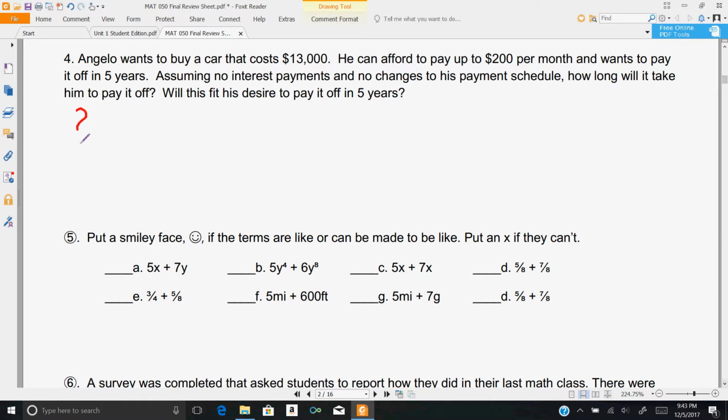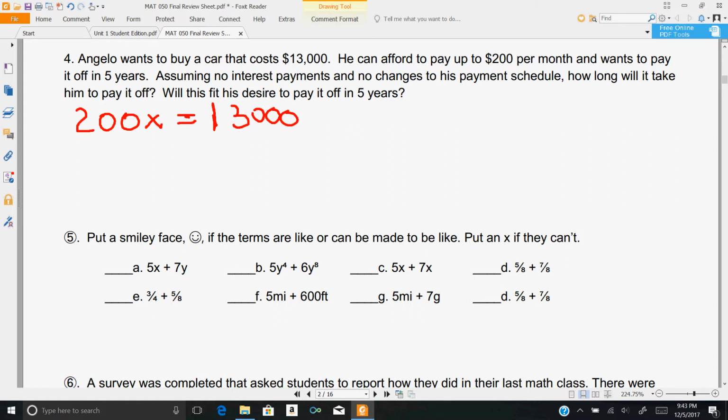So he's going to pay 200 X times, where X is the number of months. And that's going to equal 13,000. And now I've got an equation.